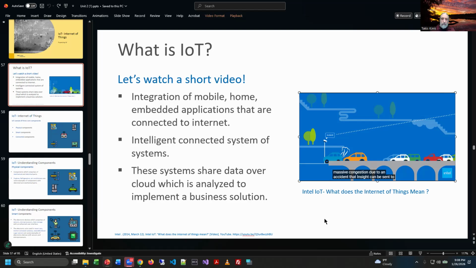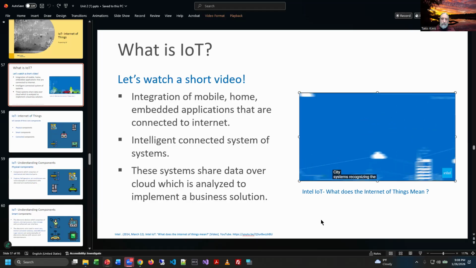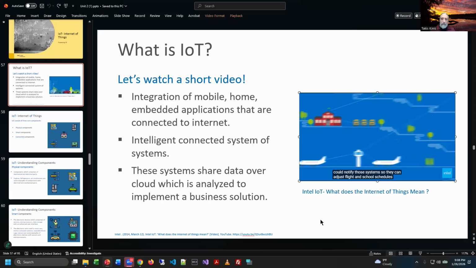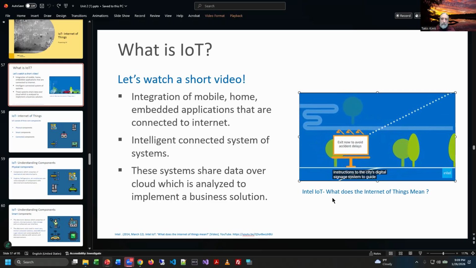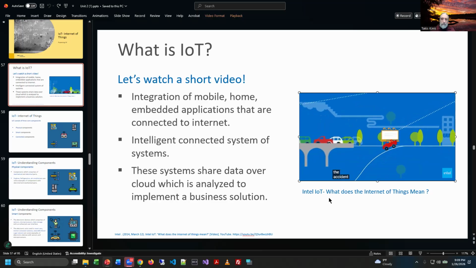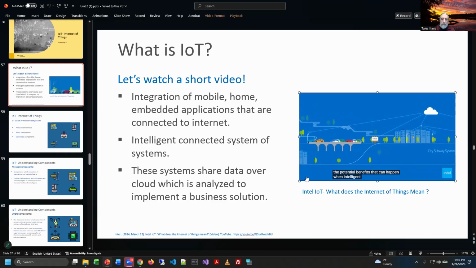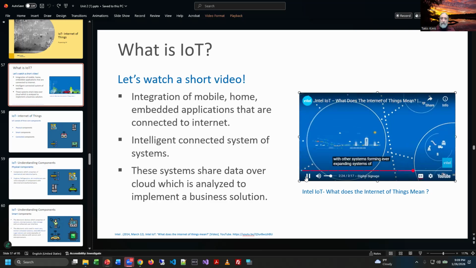That insight can be sent to the citywide transportation system, which can analyze the accident's impact on other city systems. Recognizing the accident is near the airport and 2 city schools, it could notify those systems so they can adjust flight and school schedules. It can also analyze and derive optimal routes around the accident and send those instructions to the city's digital signage system to guide drivers around the accident. And that's just one example of the potential benefits that can happen when intelligent devices share insight with other systems, forming ever-expanding systems of systems.